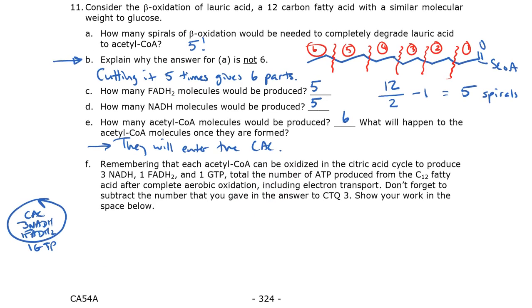So in the space here, total up the number of ATP that are produced from the 12-carbon fatty acid after you go all the way through electron transport, and we're using the 3 ATPs per NADH and the 2 ATPs per FADH2. So do the math here. I'll pause a couple of times and make sure that you're keeping up with me. So do the whole thing, pause, and then restart and check your work. Pause now.